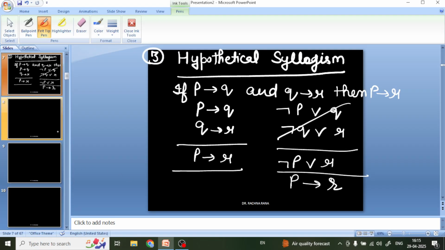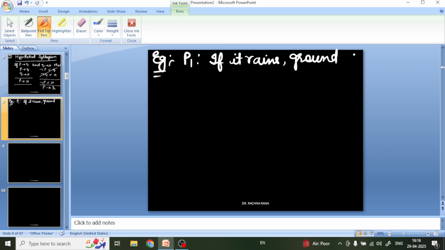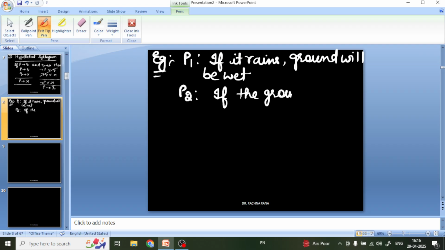Example. P1: if it rains, the ground will be wet. Second premise: if the ground is wet, the plants will grow.